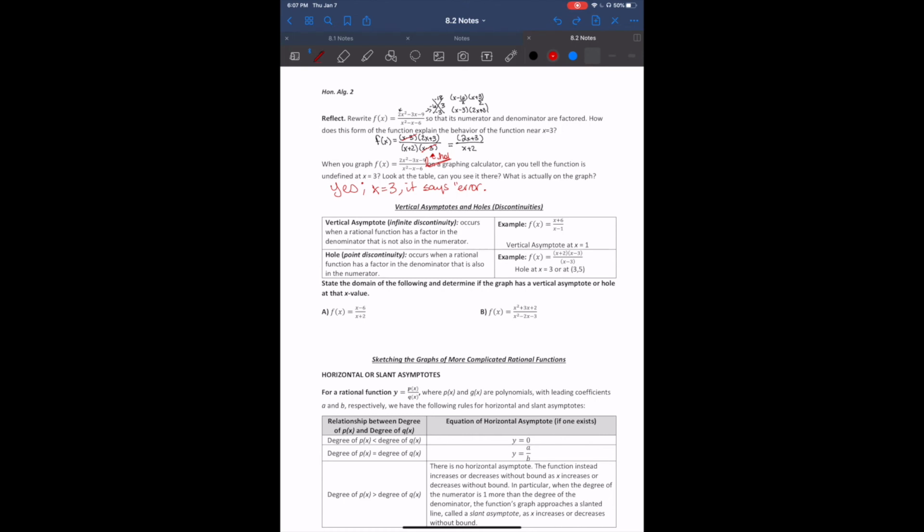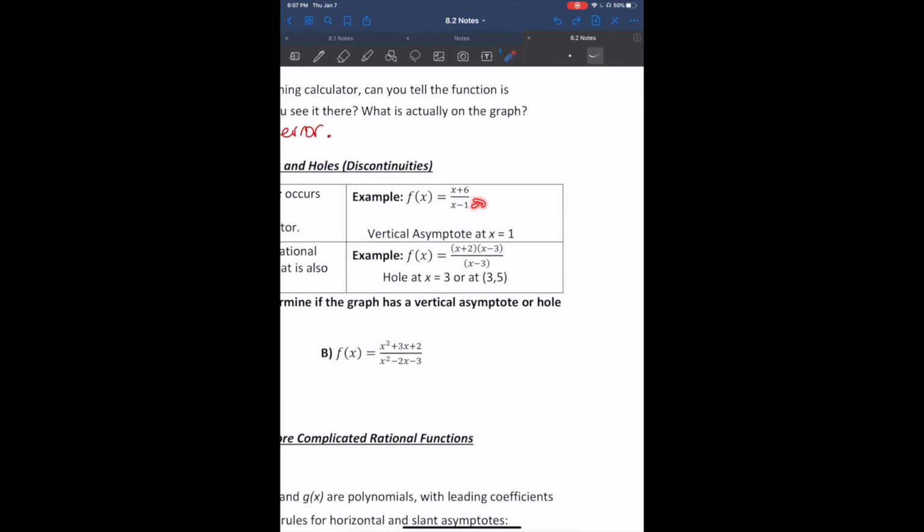For example, (x + 6) / (x - 1) gives us a vertical asymptote at x equals 1 because remember, we solve for x. What we're doing here essentially is applying the zero product property and solving for x in the denominator. That is how we arrive at the conclusion that x equals 1.